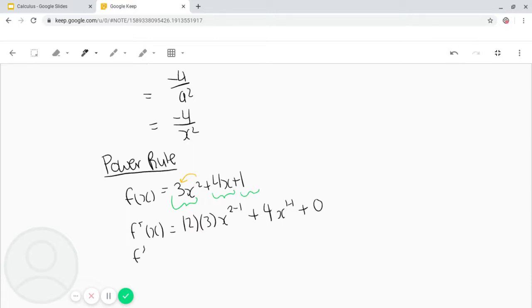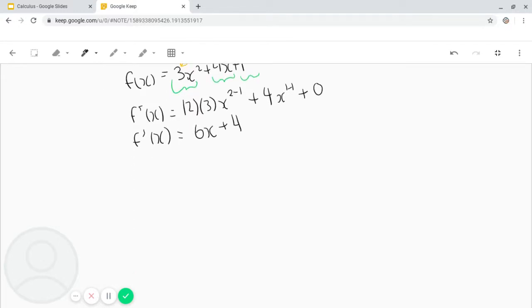So then we'd end up with the derivative of f of x is 6x plus 4. So pretty simple.